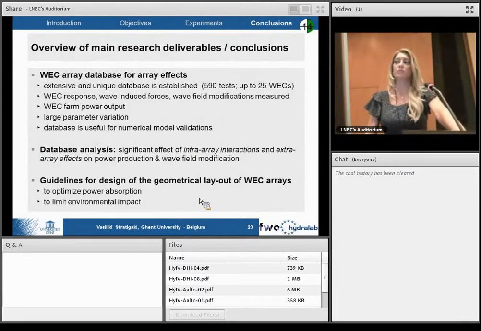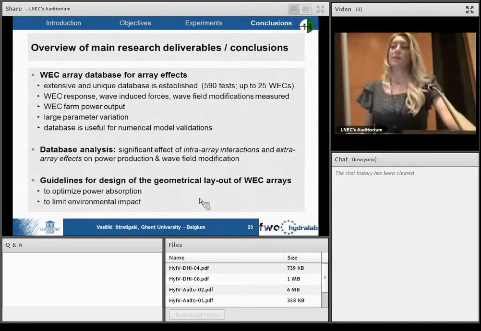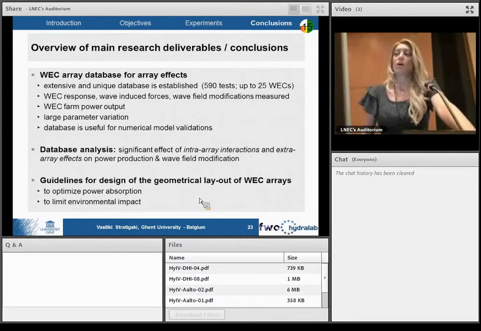Also, in terms of dissemination of the WECwakes results, now we are 1 year and 4 months after the completion of the test. We have already several international conference papers.